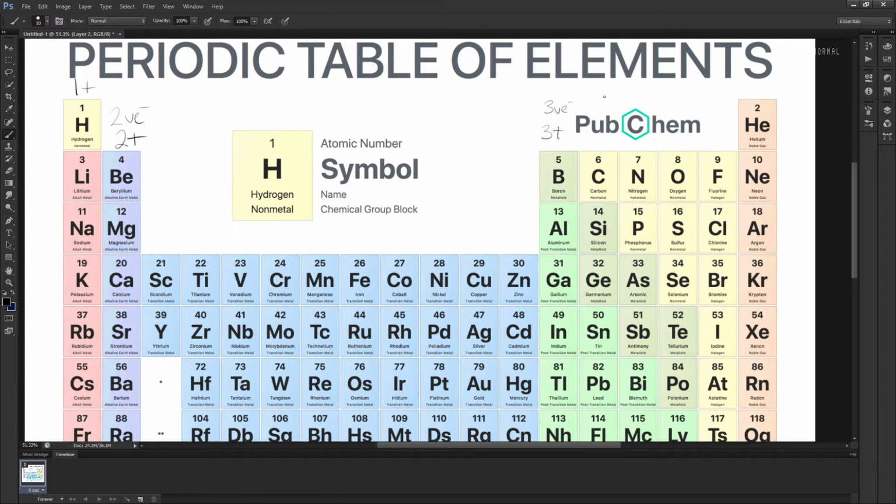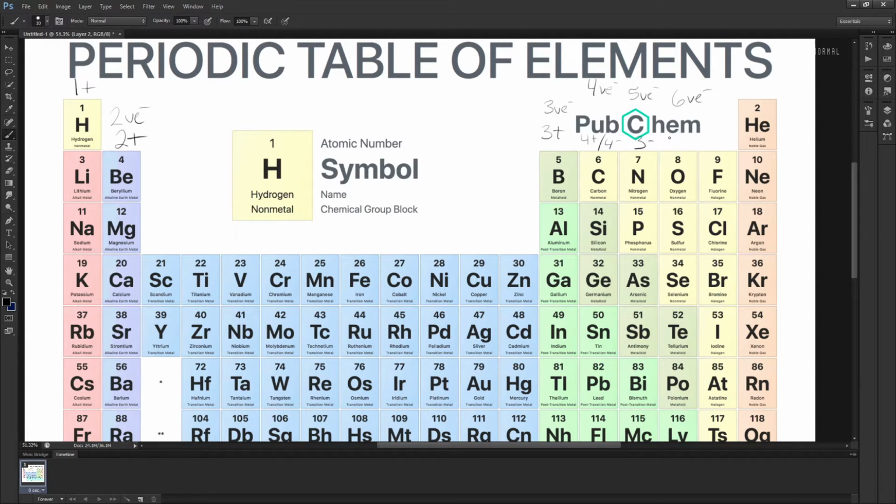Group 13 elements have 3 valence electrons, so they'll try to lose 3 and form a plus 3 charge. Carbon has 4 valence electrons, and it can go either way. It can lose 4, or it can gain 4 to get its 0 or 8 valence electrons. And so this could be plus 4 or minus 4, depending on the bond. With nitrogen, there's 5 valence electrons, so instead of losing 5, that's very hard, it's going to choose the easier path, gain 3.